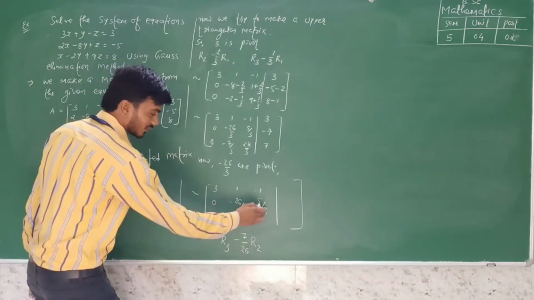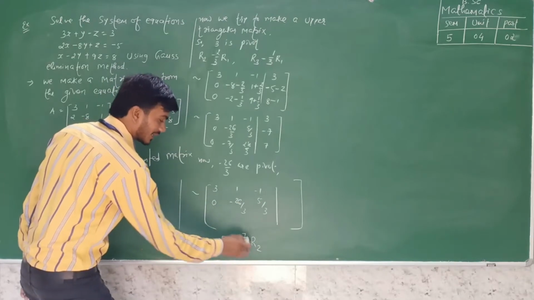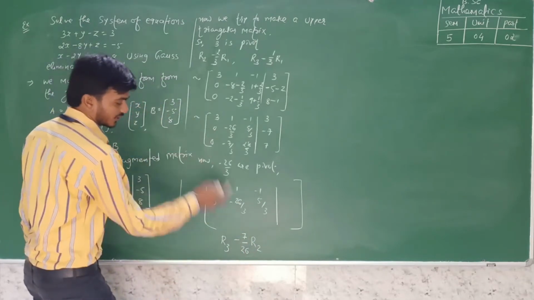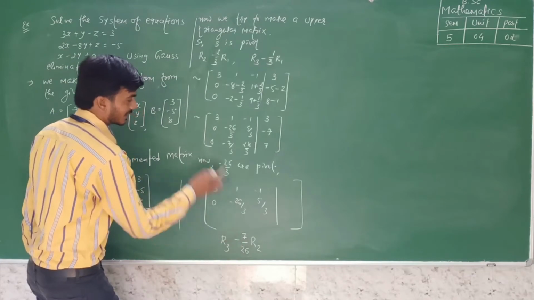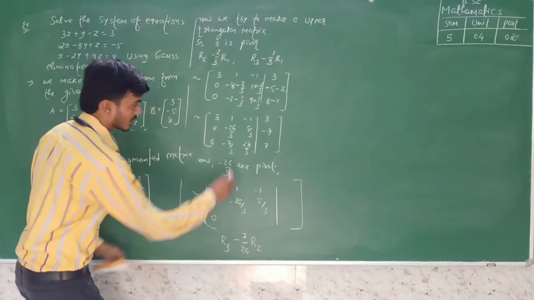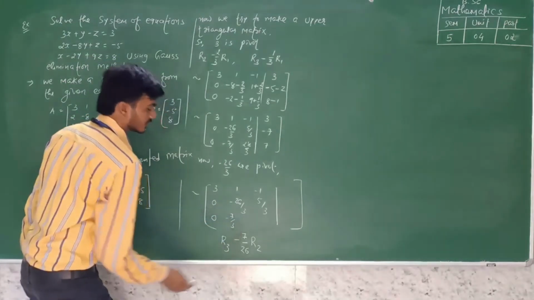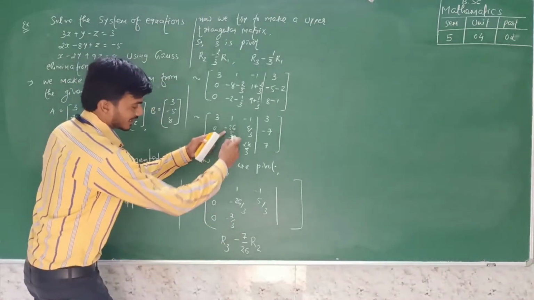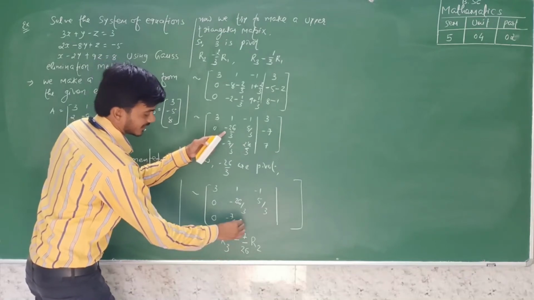R2 second row is multiplied by minus 26 by 7. 0 into minus 20 by 6, 0 will be added there. 0 plus 0, that means 0. Minus 7 by 3 and minus 26 by 3 into minus 7 by 26, that means added.